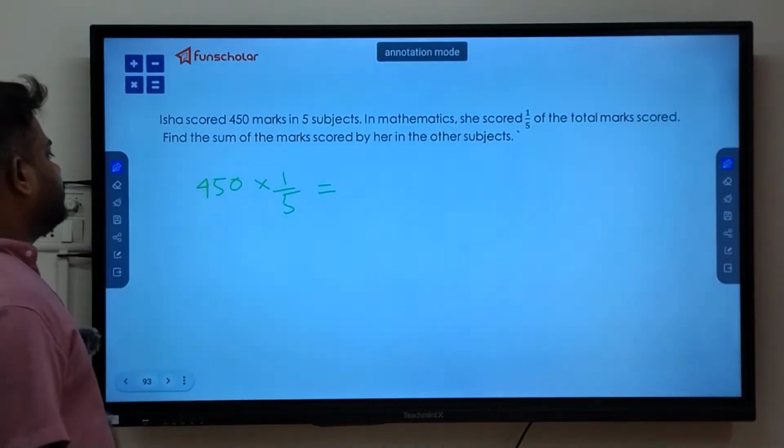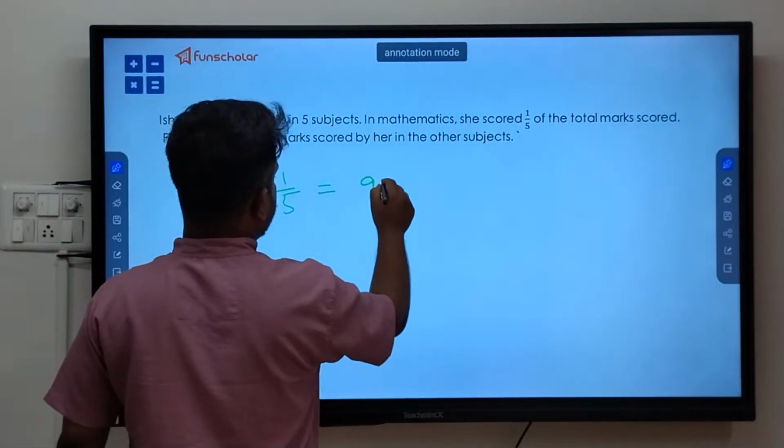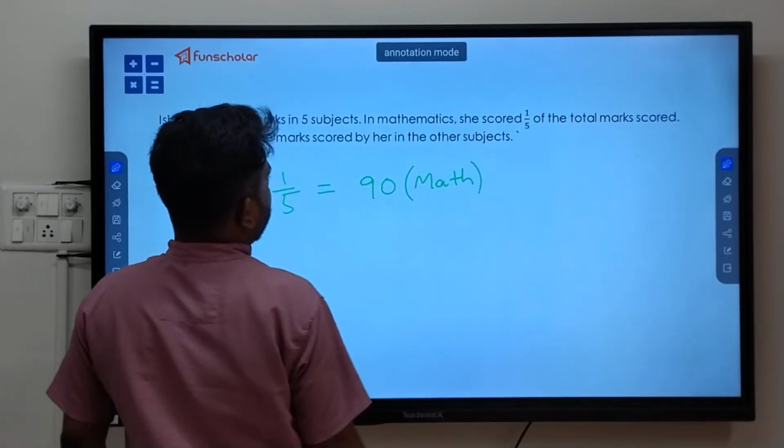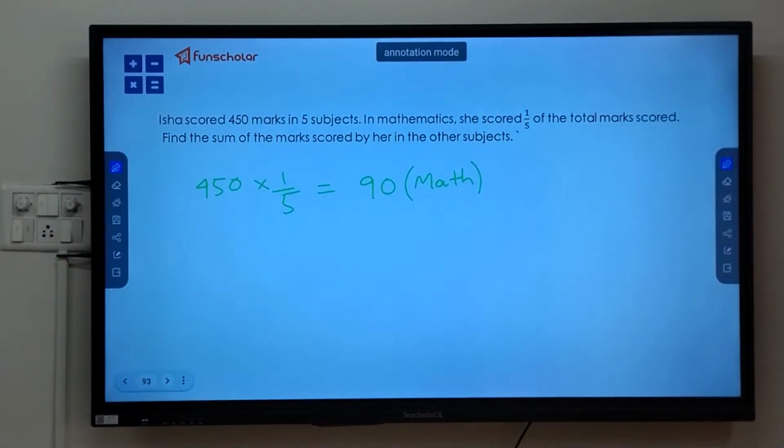So it will be 90, she is scoring in math.